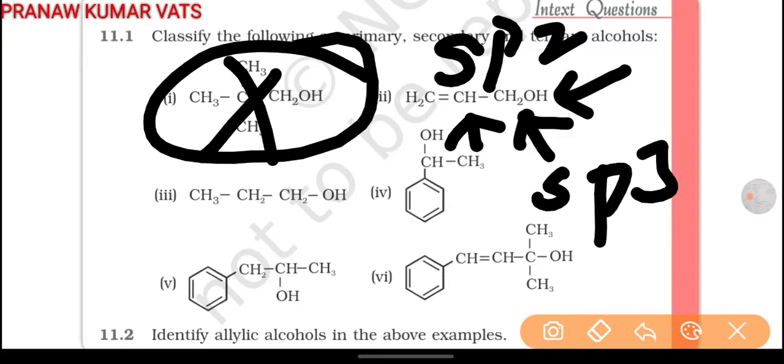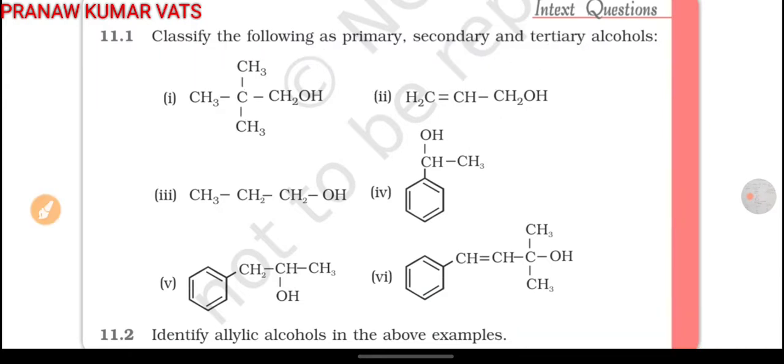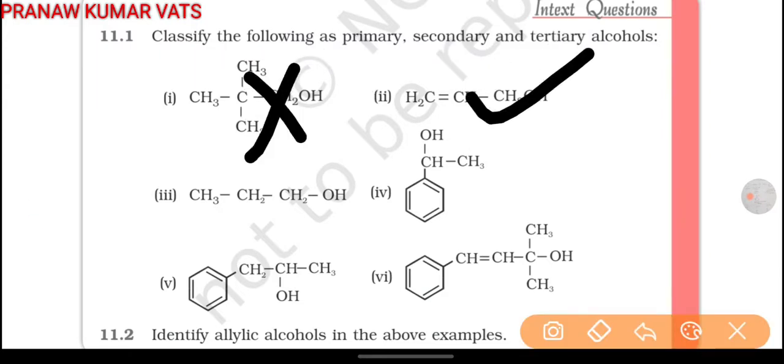So it is following that pattern: sp2 hybridized carbon, then sp3 hybridized carbon, then OH. So it is allylic alcohol. Now if we come to the third, no carbon is sp2 hybridized, so it is not allylic alcohol. The fourth is benzylic alcohol, not allylic.